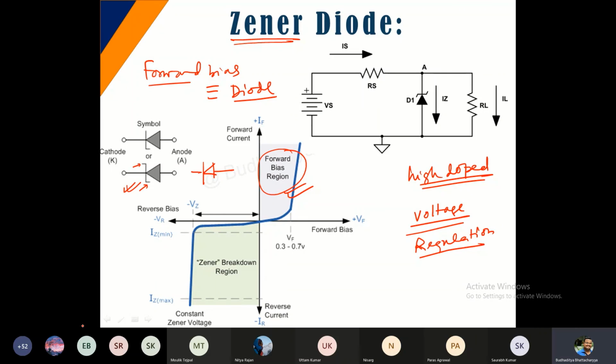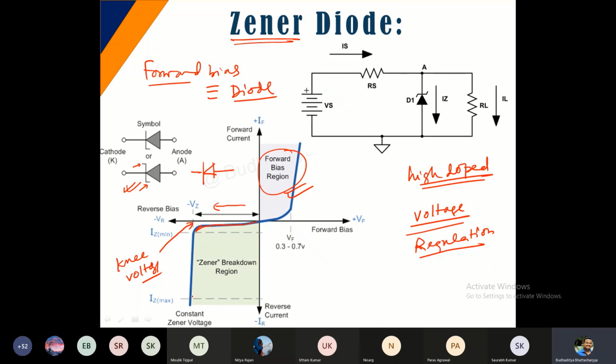When you apply reverse bias to a Zener diode, initially there will be a very small current. The reverse bias voltage is negative, and the current is very small, in microamps, up to this point. After a certain point, which is called the knee voltage or the breakdown voltage, you can observe a huge current coming in, almost similar to the forward bias condition.